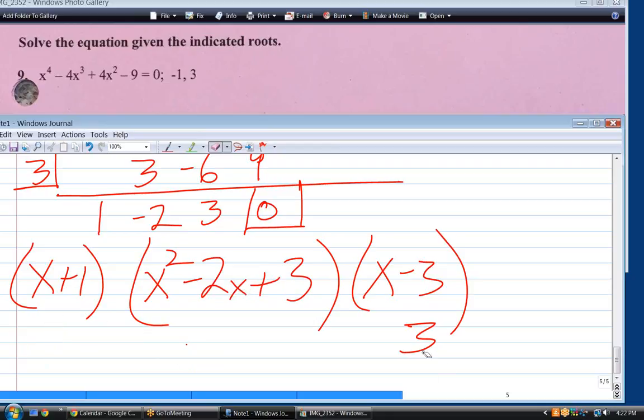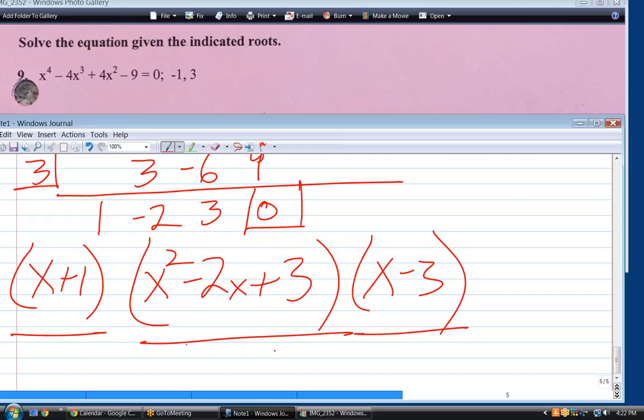Now, the reason I know is because the discriminant is b squared minus 4ac, and that is going to be a negative number, which means I only have complex roots. Usually, if you're factoring a higher degree polynomial, the books I have say you get it down to its linear factors and an irreducible quadratic.